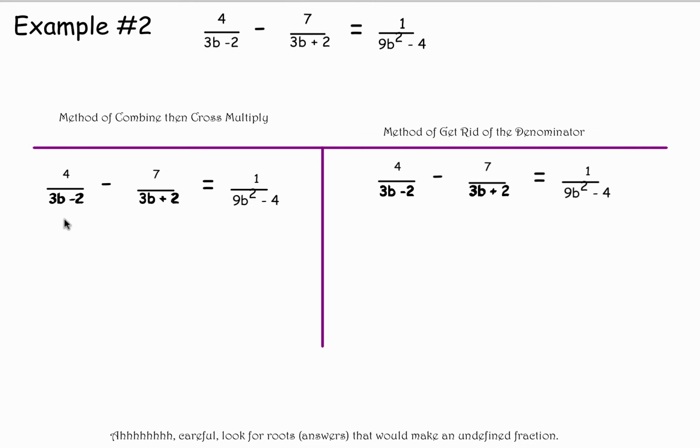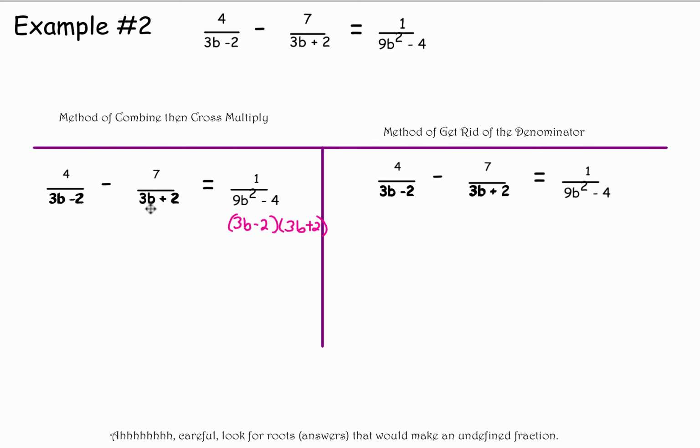Well, right here, we have to combine, which means we have to make soup. If I look at this common denominator of the last one, this is 3b minus 2 and 3b plus 2. So in order to combine, everybody has to have that common denominator.